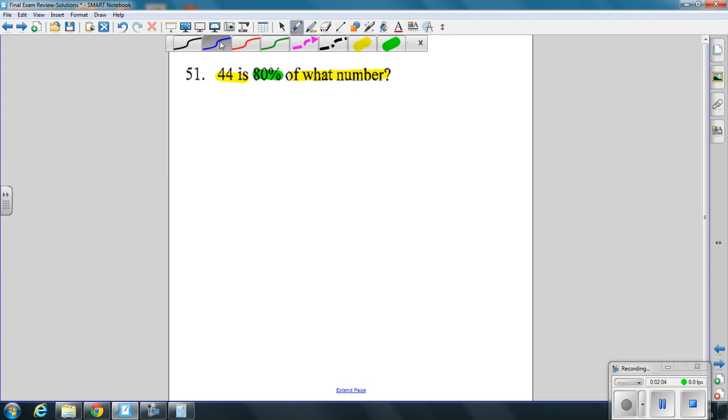So if we use the percent equation this time, A equals P times W. A is 44, equals your percent, which would be 0.8 or 0.80, times W. So your goal is to isolate W, divide both sides by 0.8.